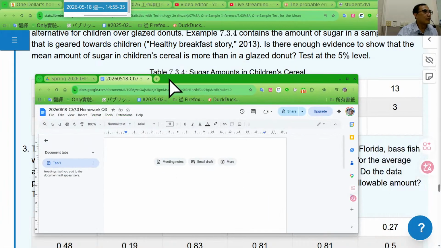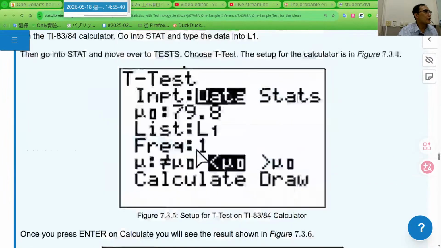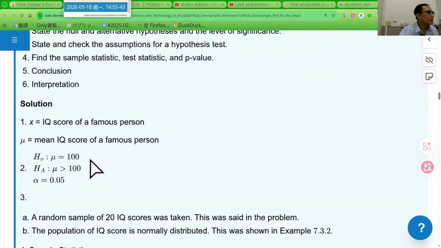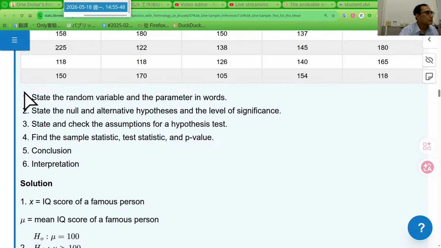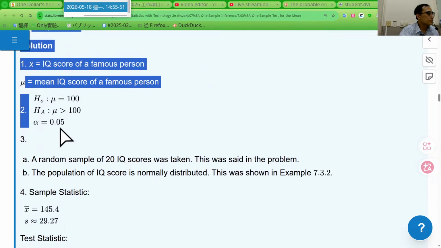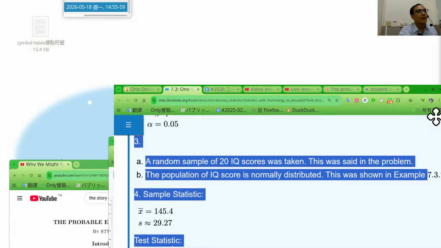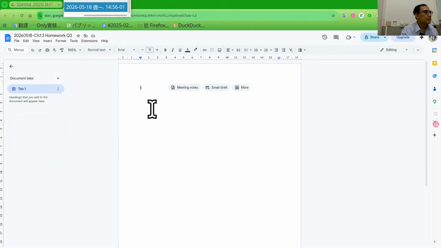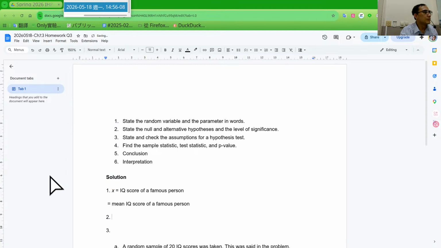Okay, again, if we forgot the details, I encourage you to copy and, okay, and homework.